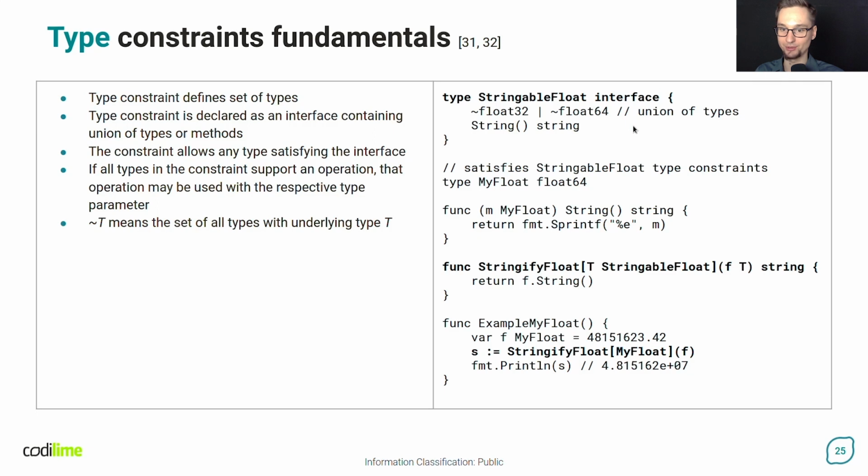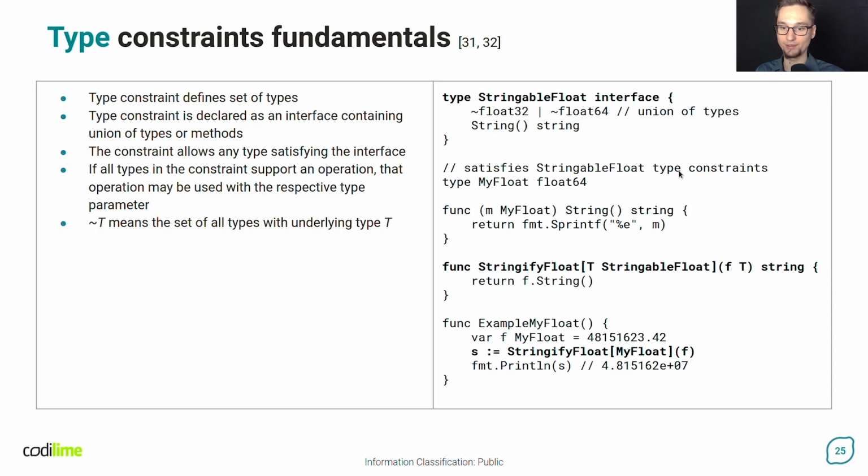It's a union of types float32 and float64, and that means that this interface, this constraint, allows only those types. But we also have an additional constraint here, which is this method String. So to implement such a constraint, the type needs to implement the list of methods in that interface.